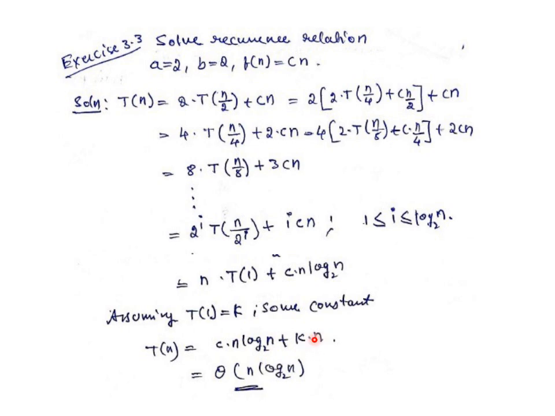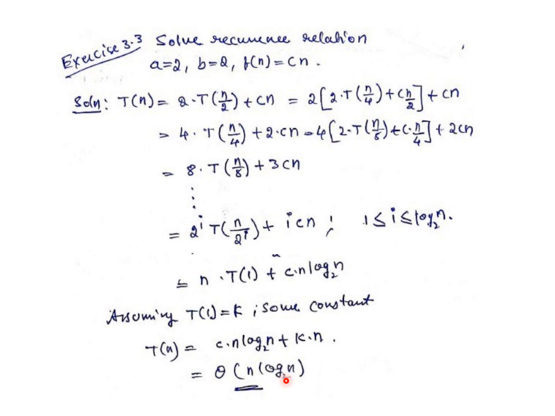So we can neglect the second part, that is n. The second part is linear, and the first is linear into logarithm, so n log n base 2 is larger than n. For larger values of n, the total time complexity of the problem is approximated as big theta of n log n base 2.